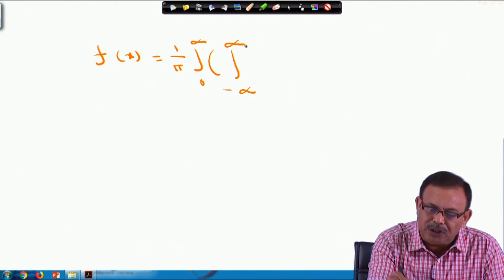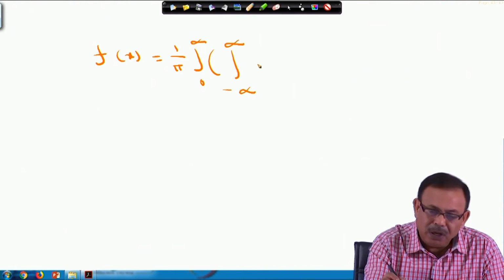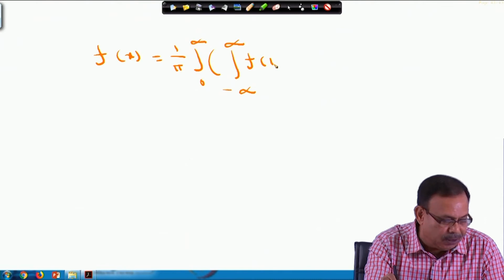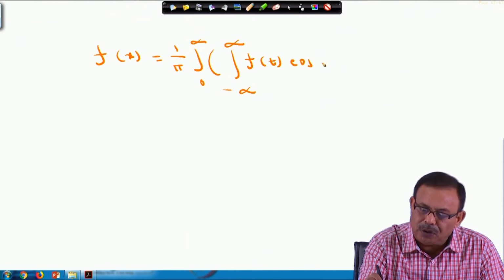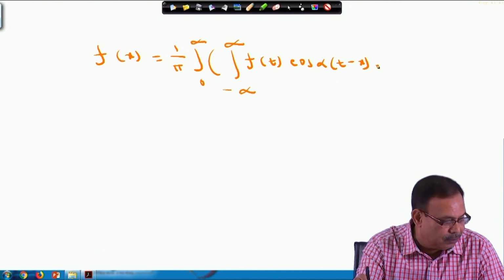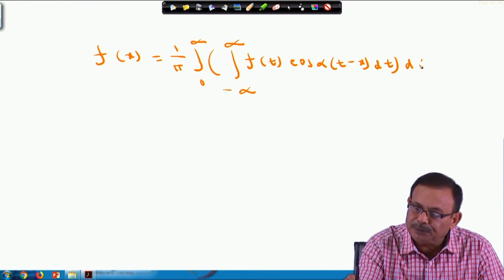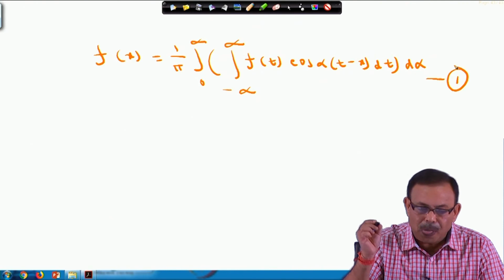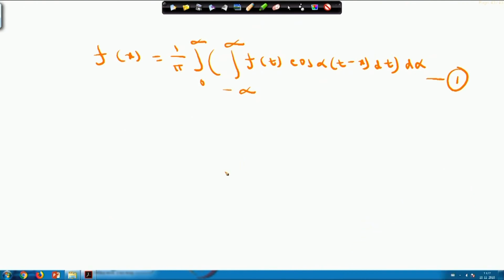Earlier it was 0 to infinity for t, now it becomes minus infinity to infinity, f(t) into cos of alpha into (t minus x) dt into d alpha.